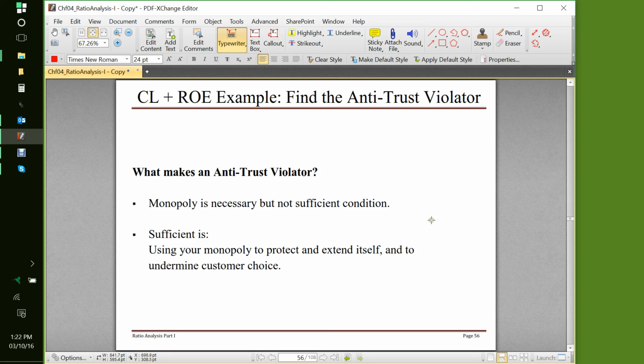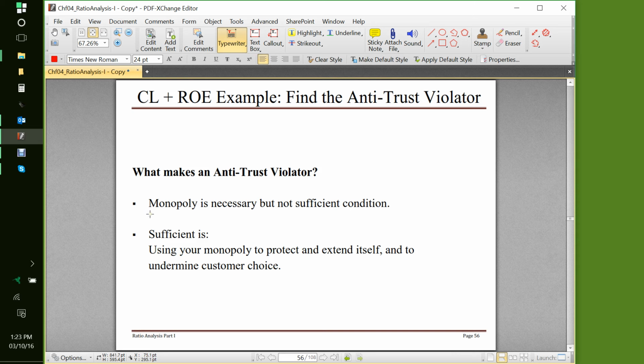To get there, first let's think about what makes an antitrust violator. Well, in the U.S., you have to be a monopoly to be an antitrust violator, but just because you're a monopoly is not sufficient.